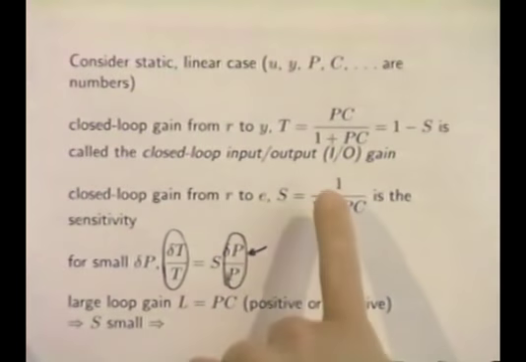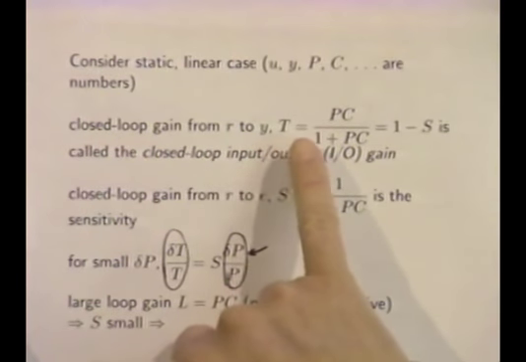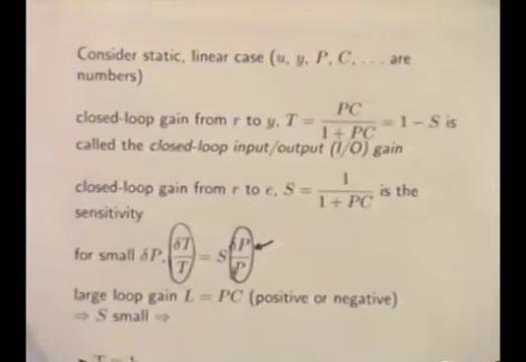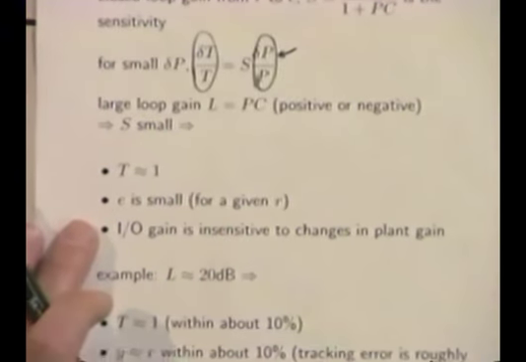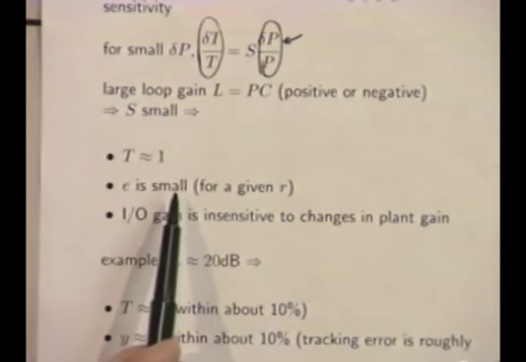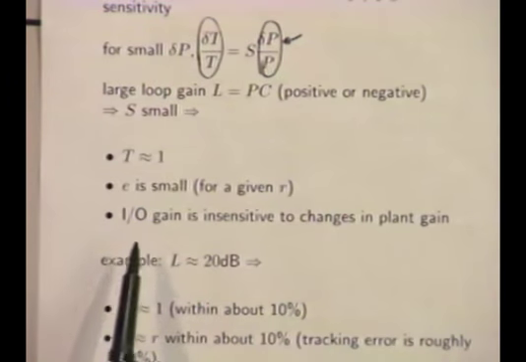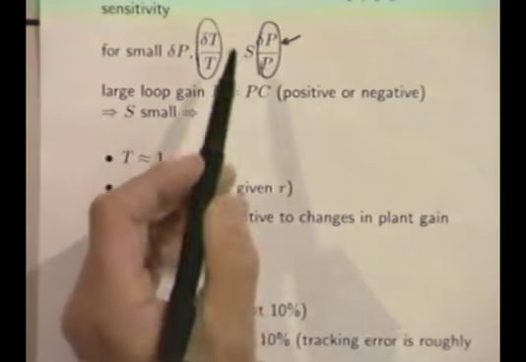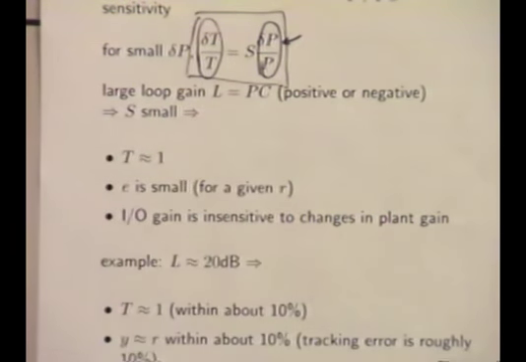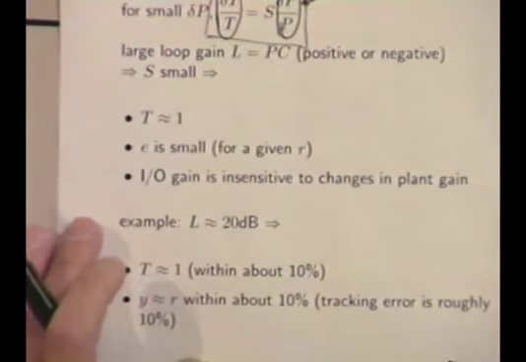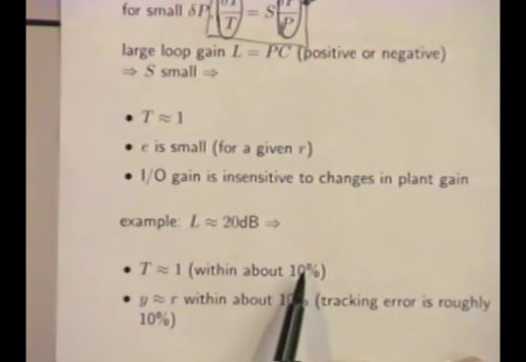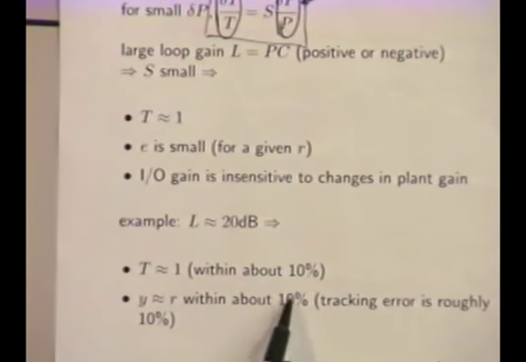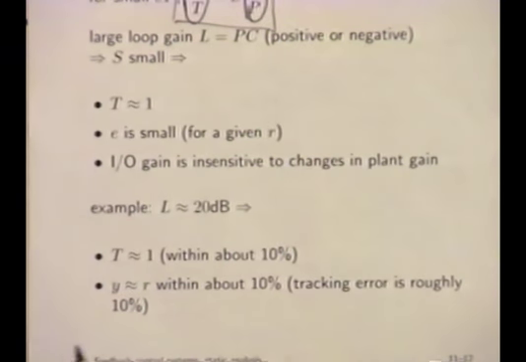T is the transfer, the gain from R to Y. And it says if that's about 1, then Y is about equal to R. That's exactly what we want. It says E is small. The error is small. The I/O gain also is insensitive to changes in plant gain. That comes from here. Okay? For example, if you have 20 decibels of loop gain, it says that T is about 1 within about 10%. And you have Y as R within about 10%. So the tracking error is roughly 10%.